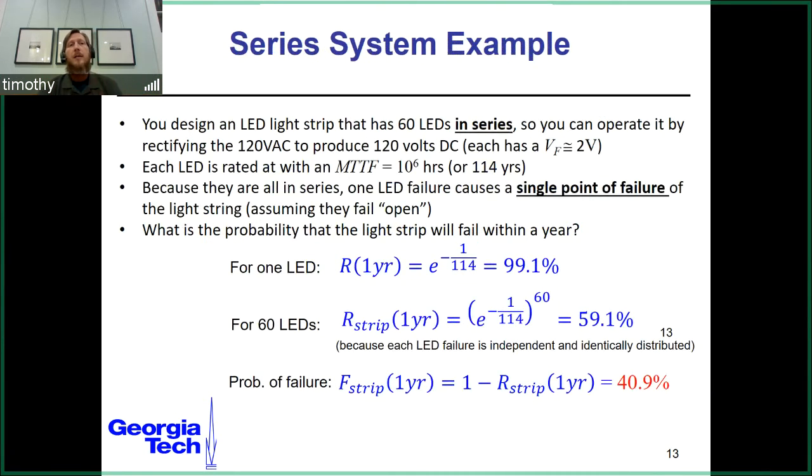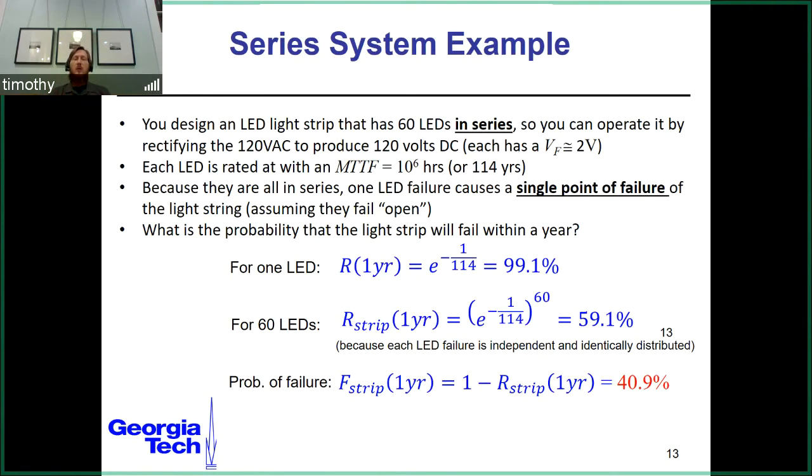Say you are designing an LED light strip. Again, back to the Christmas lights. We're putting them in series. Each LED is rated at a mean time to failure of 10 to the 6 hours. Because they're all in series, one LED failure causes a single point of failure for the light string. What is the probability that the light string will fail within a year?